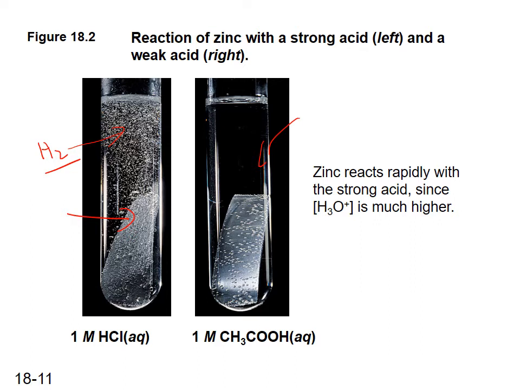And this is because a strong acid 100% dissociates into hydronium ion and anion. In a weak acid solution, a very small amount of hydronium ion is generated. And it's this hydronium ion that reacts with zinc or the metal to give hydrogen gas.